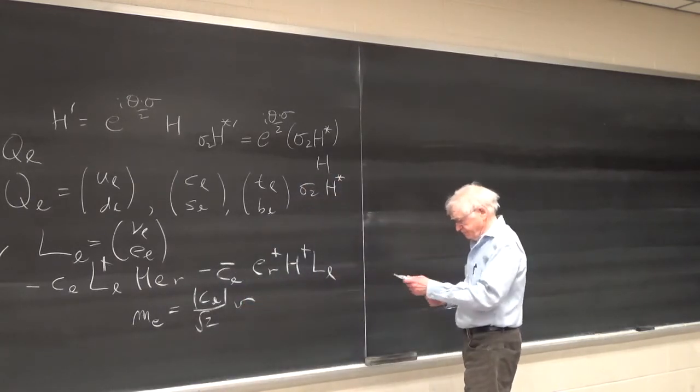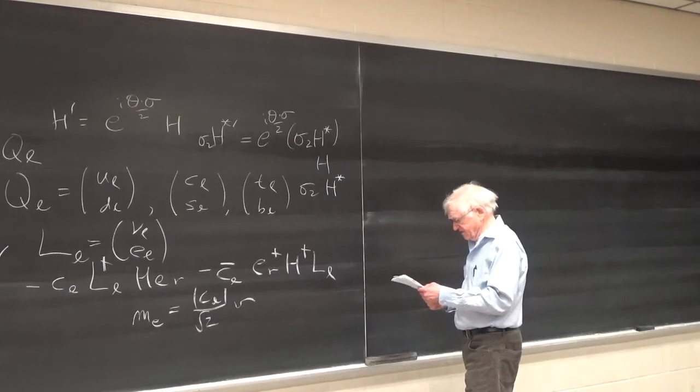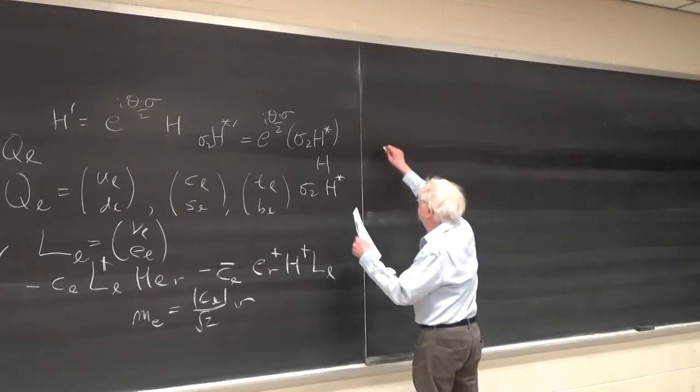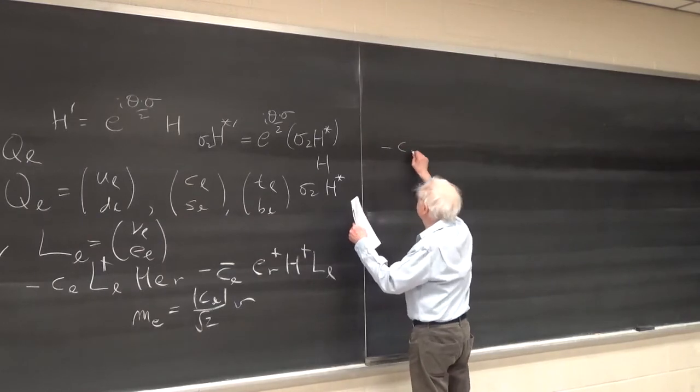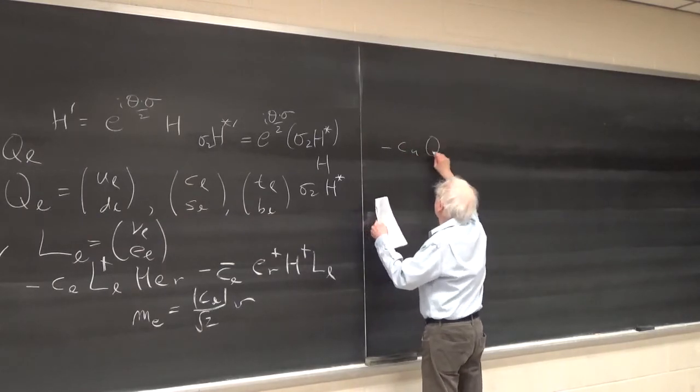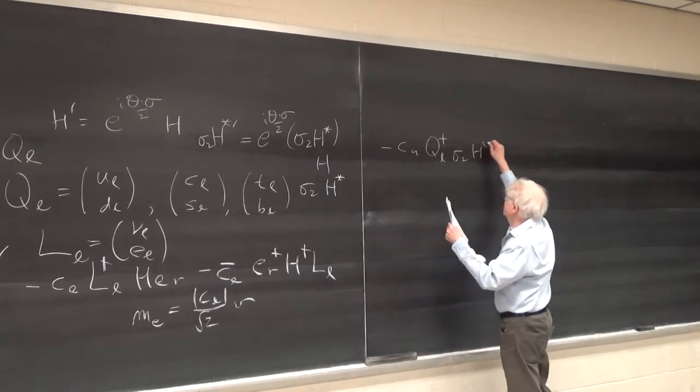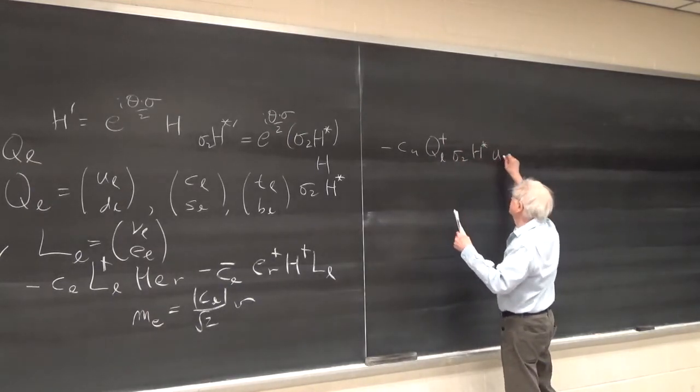And that means that we can give masses to the up quarks, and the way we do that is minus Cu Q left dagger sigma 2 H star UR.